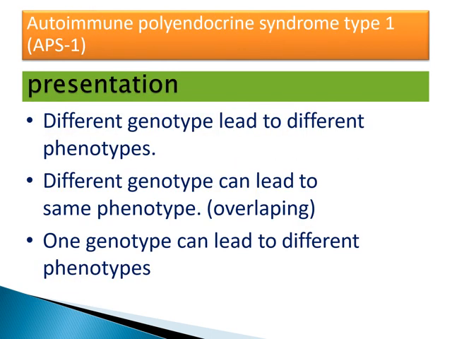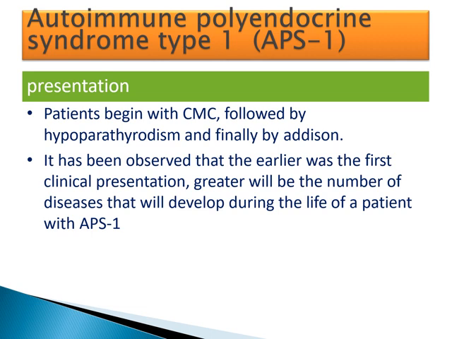The different genotypes lead to different phenotypes, and different genotypes can lead to the same phenotypes, which is called overlapping. One genotype can lead to different phenotypes as well. So there is a diversity in the presentation. Patients usually begin with CMC followed by hypoparathyroidism and finally by Addison's.